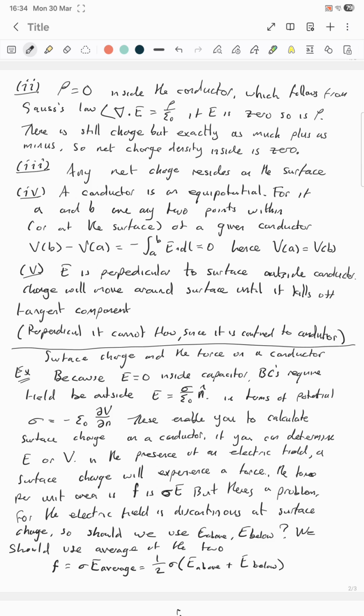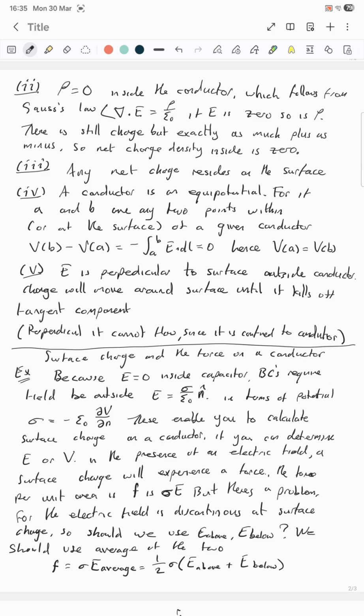Sorry, there is still charge, but exactly as much plus charge as minus, so the net charge density inside is 0.